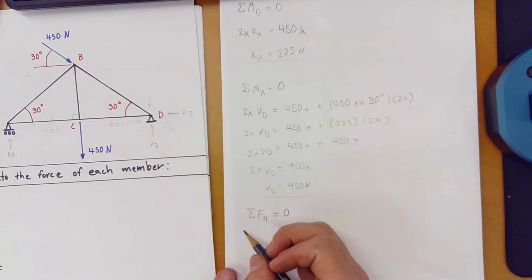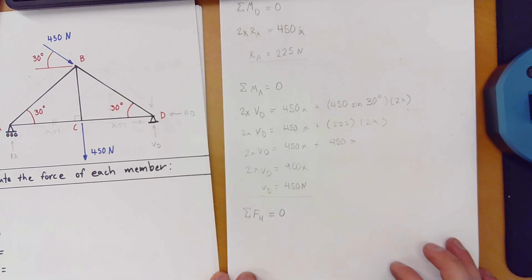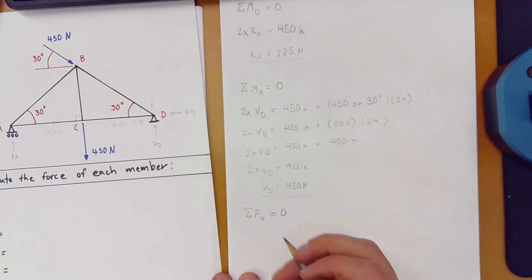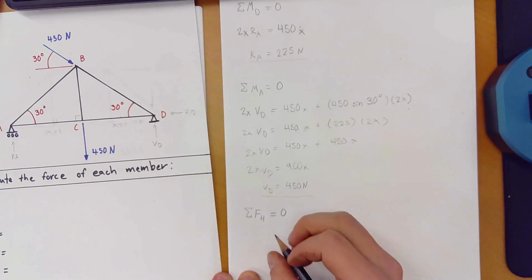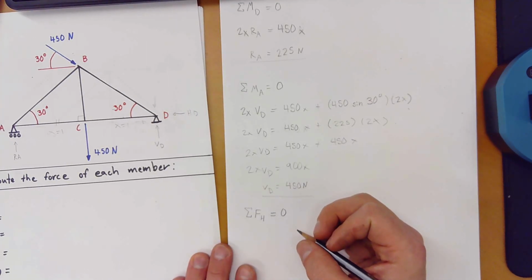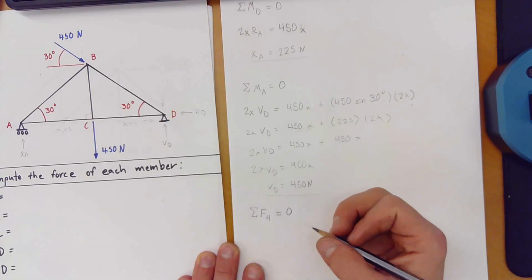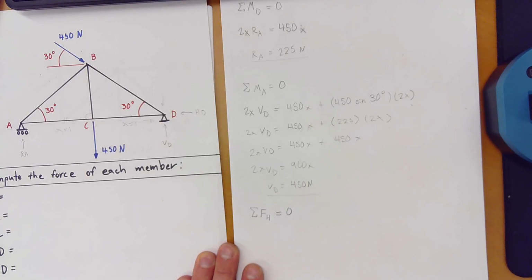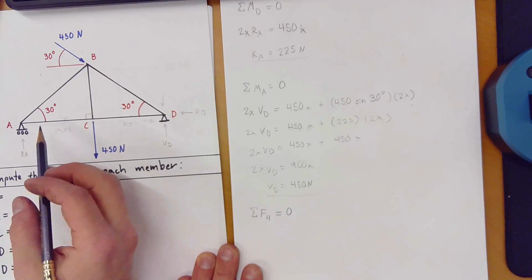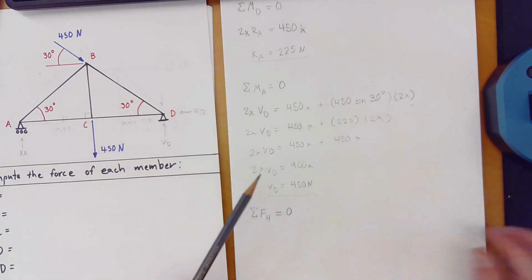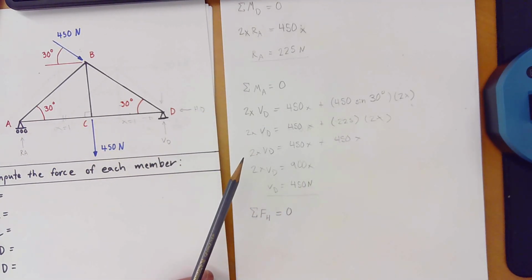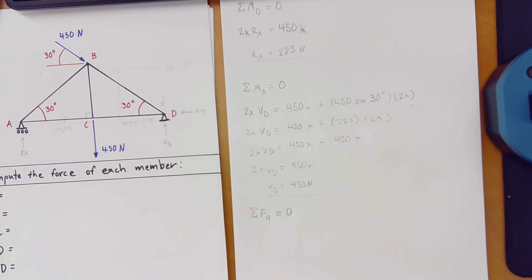If we are looking at this, the sum of the forces is equal to 0. We're going to try to figure out the next part of the equation. Hold on just a second, let me check my notes. Okay, what we need to do is find the force in the members of this one right here.